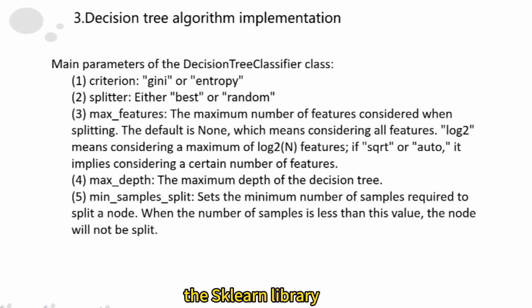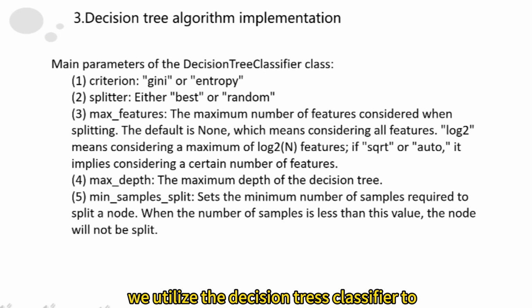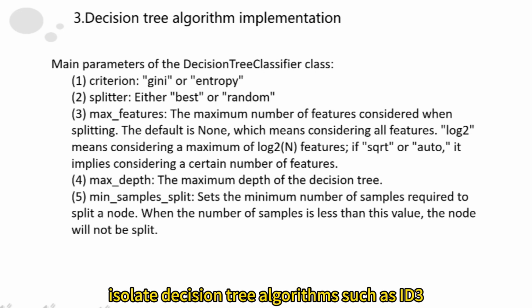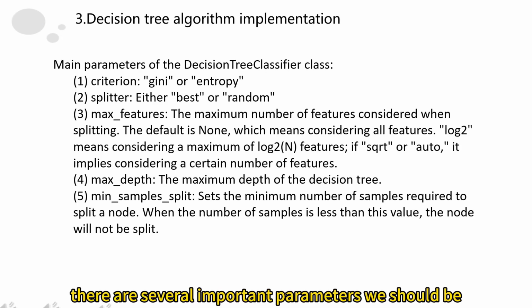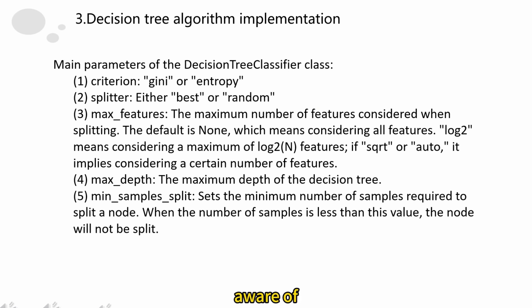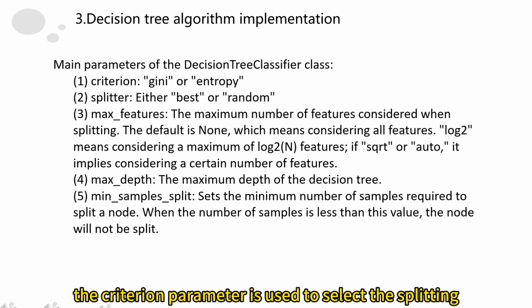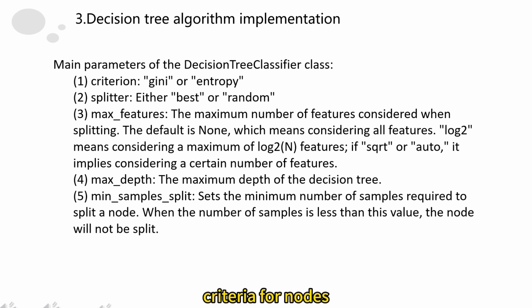In the Sklearn library, we utilize the DecisionTreeClassifier to implement decision tree algorithms such as ID3. Within this class, there are several important parameters we should be aware of. The criterion parameter is used to select the splitting criteria for nodes.